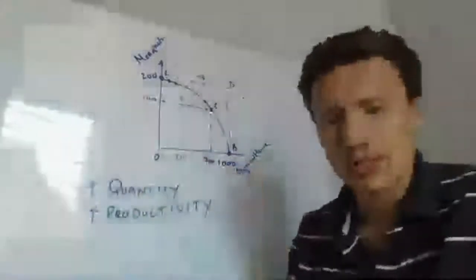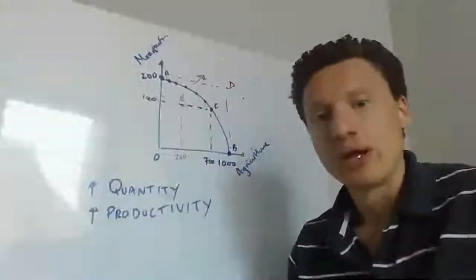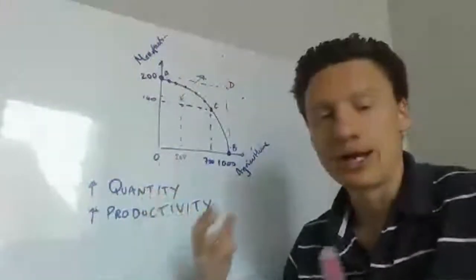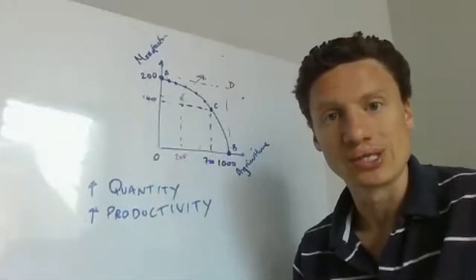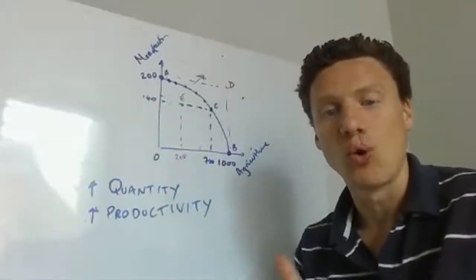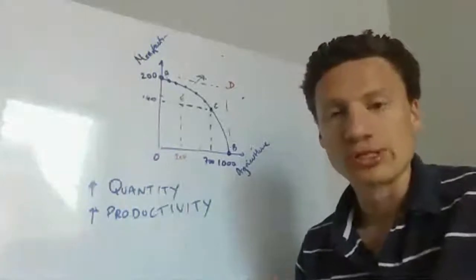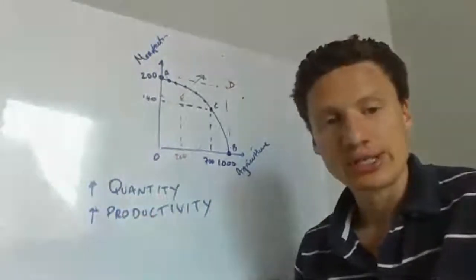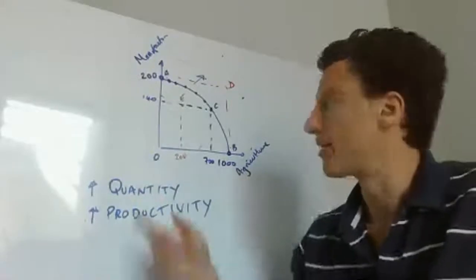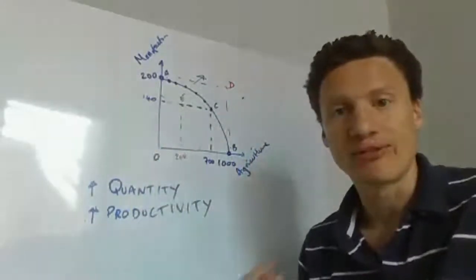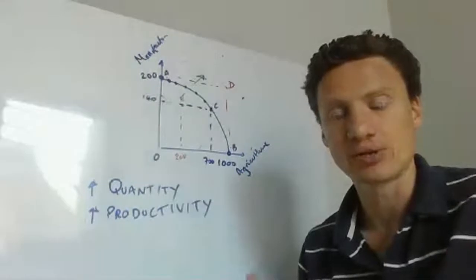But there's one other scenario that's worth talking about. When you have a change in the quantity and or the productivity of resources that only affects one of the industries. For example, if there was an increase in the quantity of capital resources, machinery, that only affects the productivity of agriculture. I'll say that again.